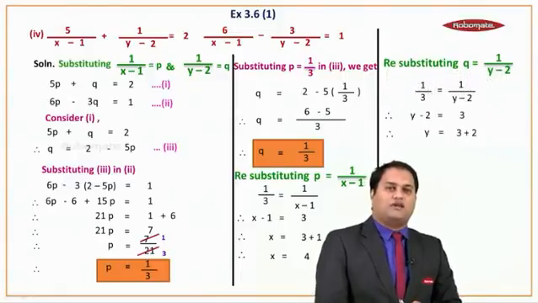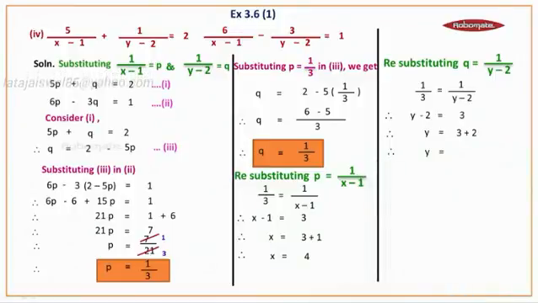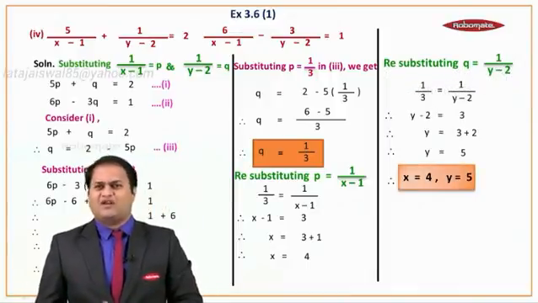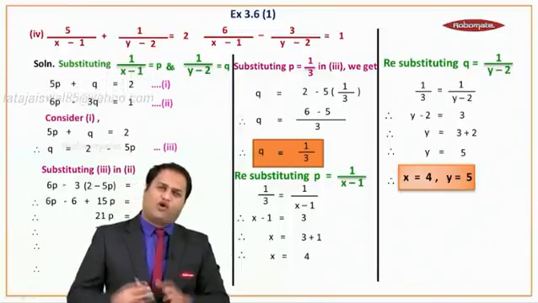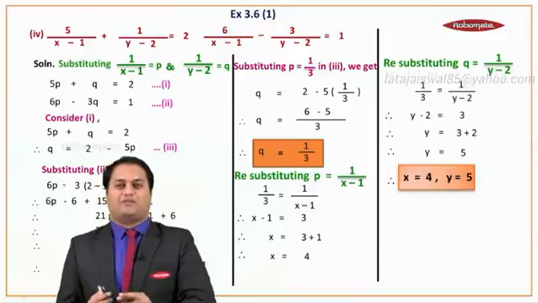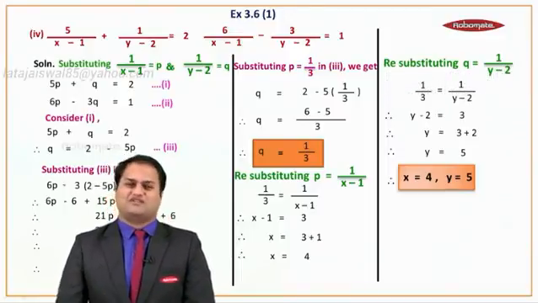So we get y is equal to 3 plus 2. We get y is equal to 5. So the answer is x is equal to 4 and y is equal to 5. As simple as that. One thing you all must have realized is that all the sums are similar. The only changes are those minor changes that happen in the calculation after resubstitution. Everything else remains the same otherwise.